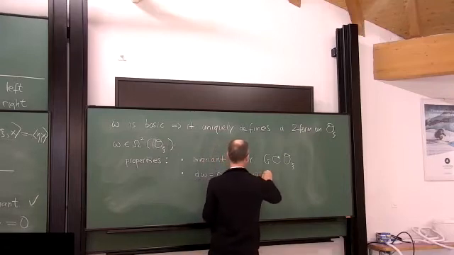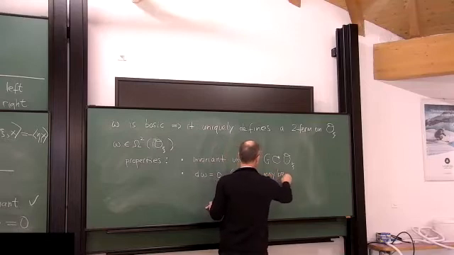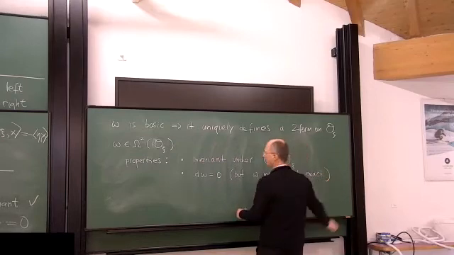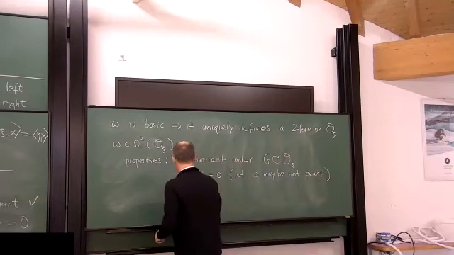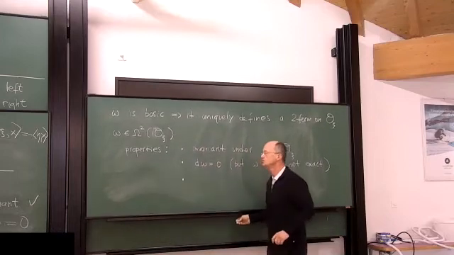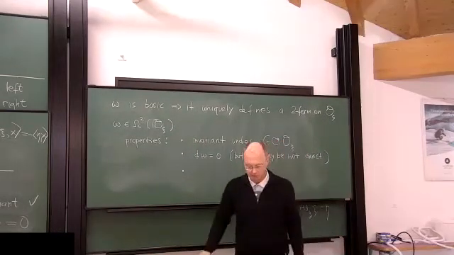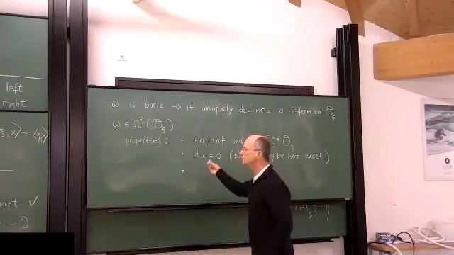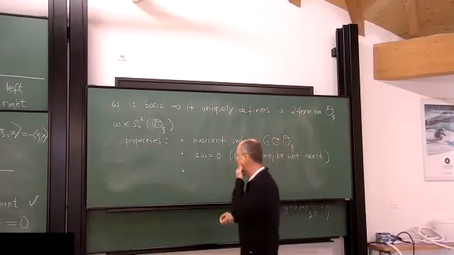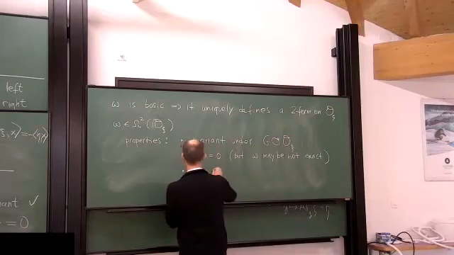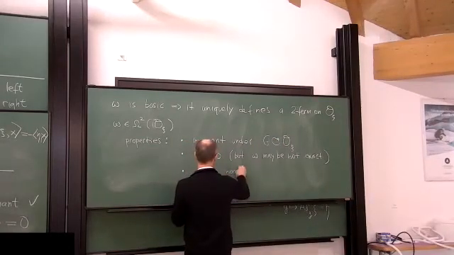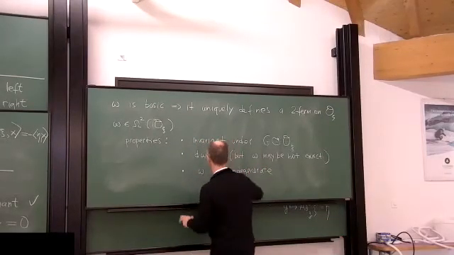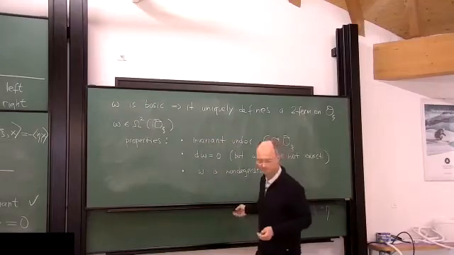But maybe not exact. Finally, there is a property that probably I'm not going to prove. I'll give you a little bit more tools to prove it as an exercise. It turns out that omega is non-degenerate.